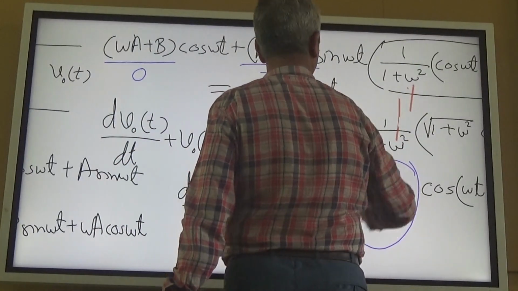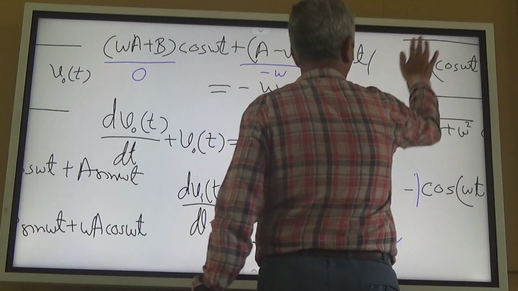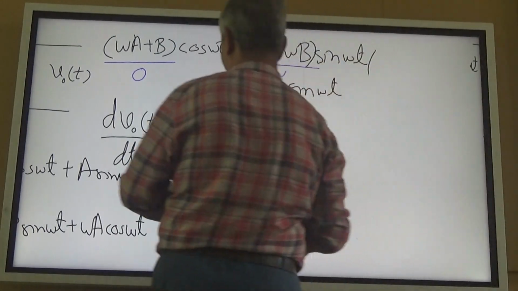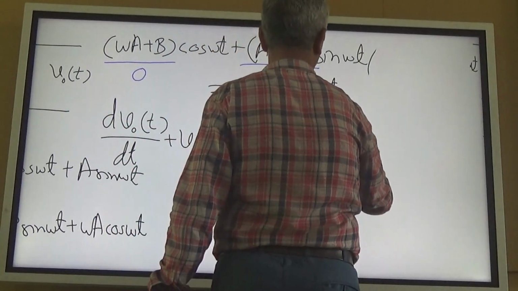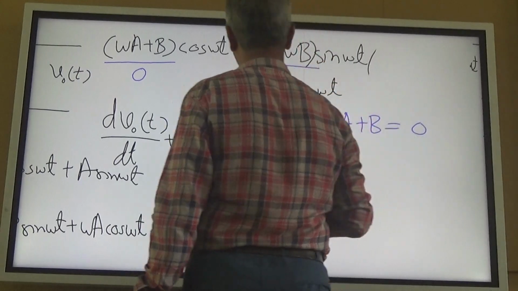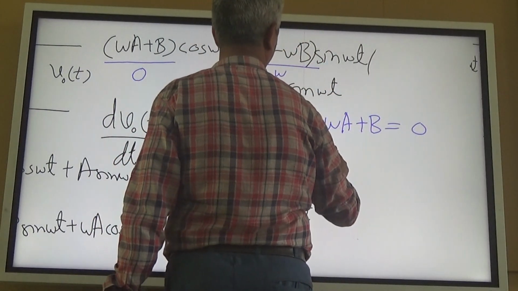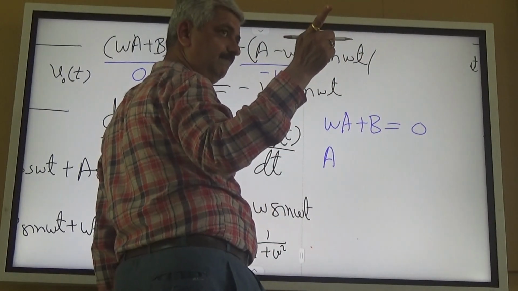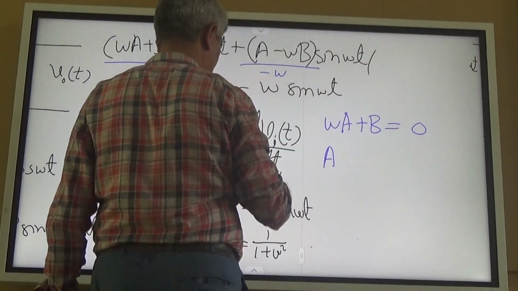We have to start from here. We have to check where we have gone wrong. In some calculation we might have gone wrong. So omega A plus B equal to 0, that is all right. Right.